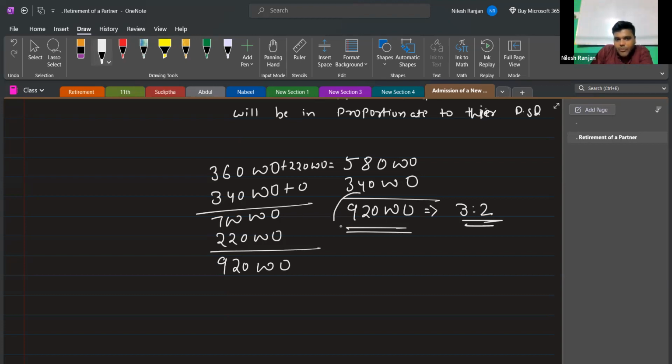This is their new capital, and if you distribute in 3:2, the amount will be 5,40,000 and 3,60,000.